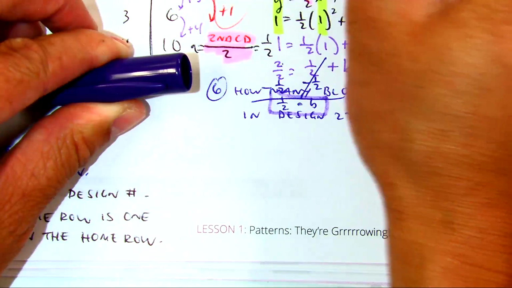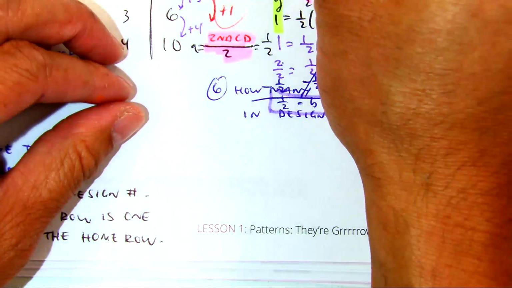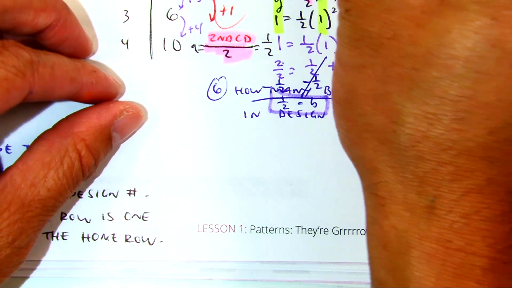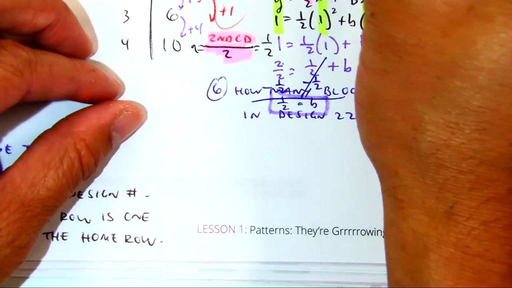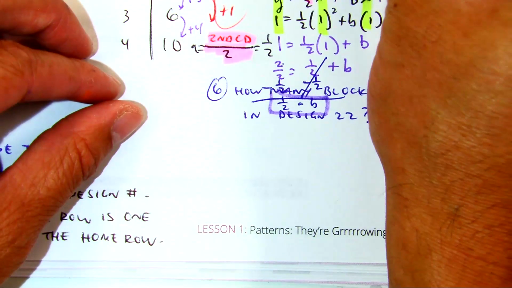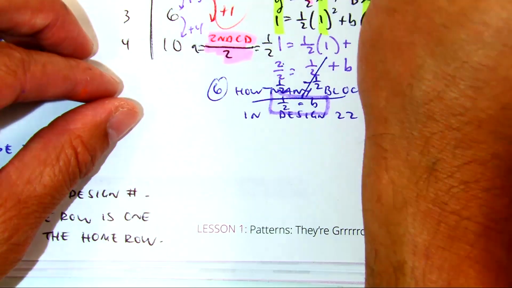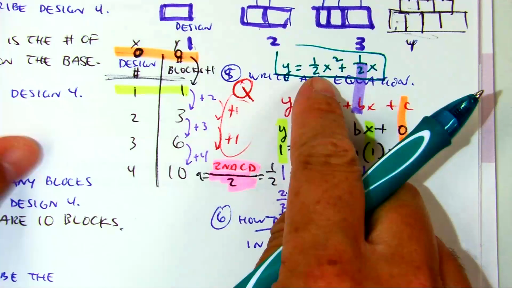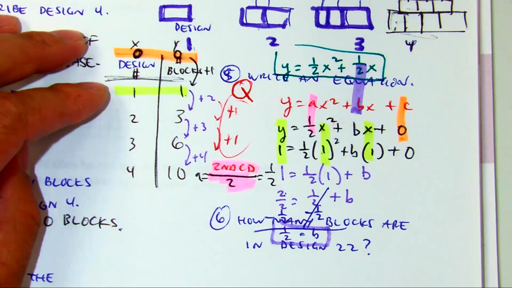So let's write our equation now. Y equals, a was 1/2. B is 1/2. And we don't have a c value. So this would be our equation right there: 1/2 x squared plus 1/2 x. Let's make that super obvious, put it in red.